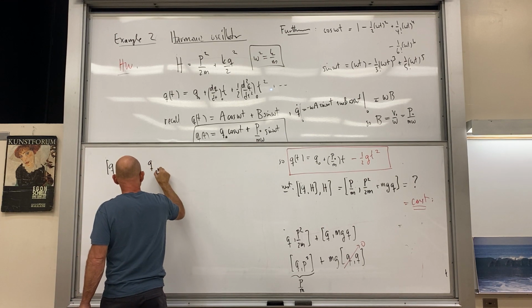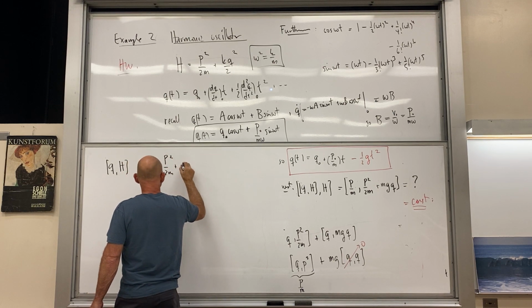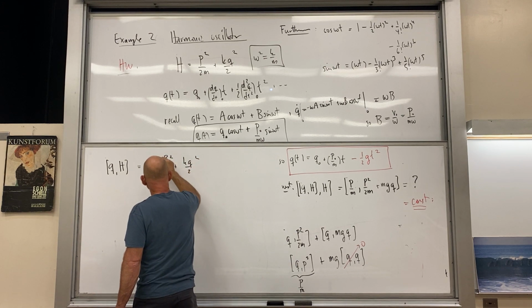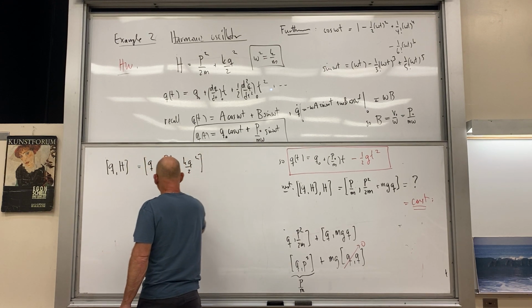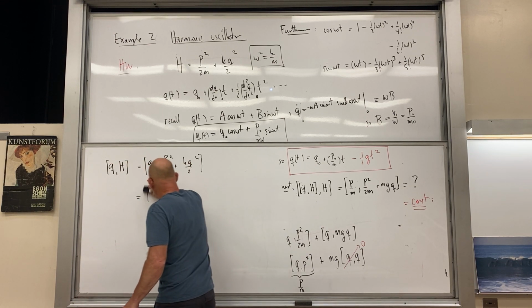Q, p squared over 2m plus kq squared over 2. Let's pull the constants out while we're at it.